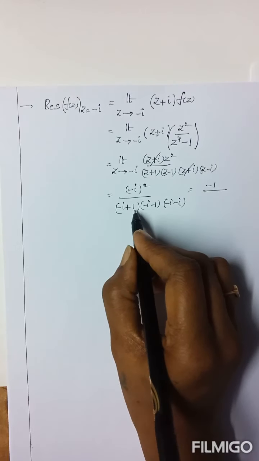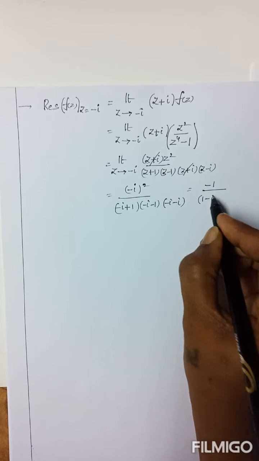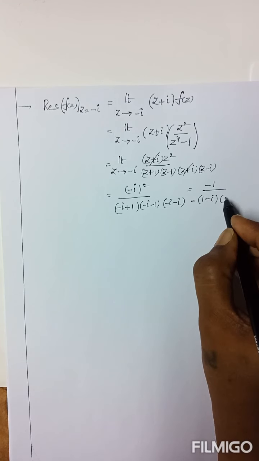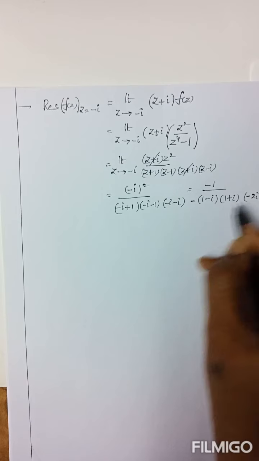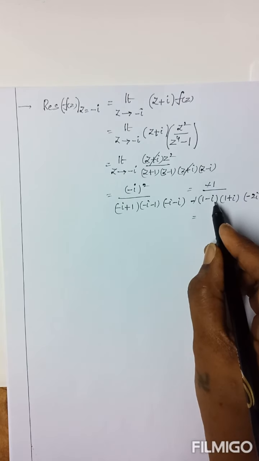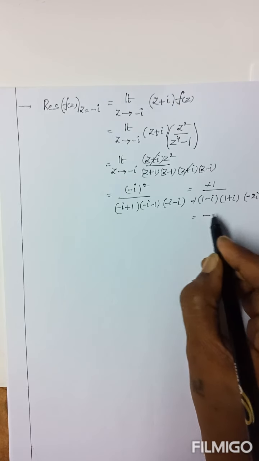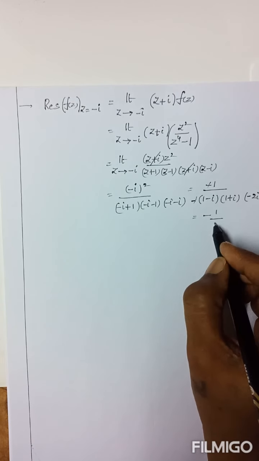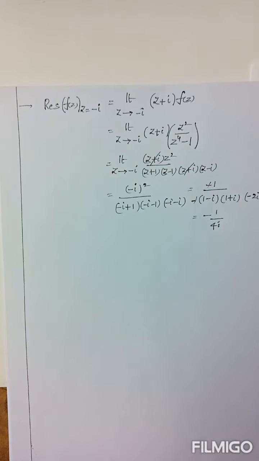Here we can write first positive 1 minus i, then minus as common, then 1 plus i, and here it is minus 2i. Minus minus cancel. Here (1 plus i)(1 minus i) is 2, already minus 2i. Totally minus 1 by 4i.